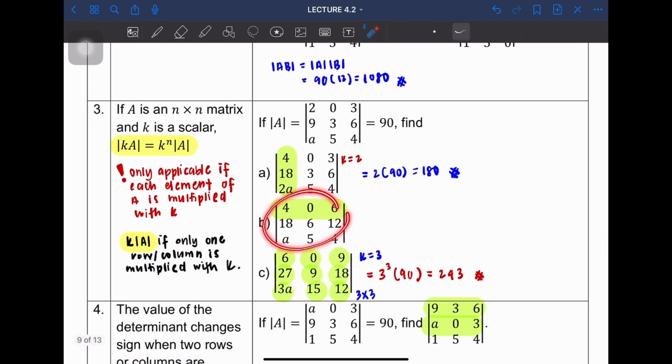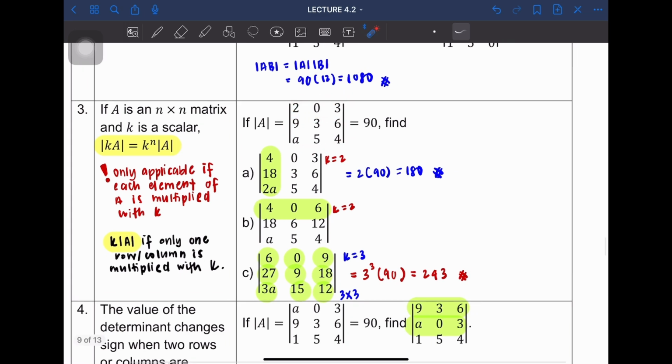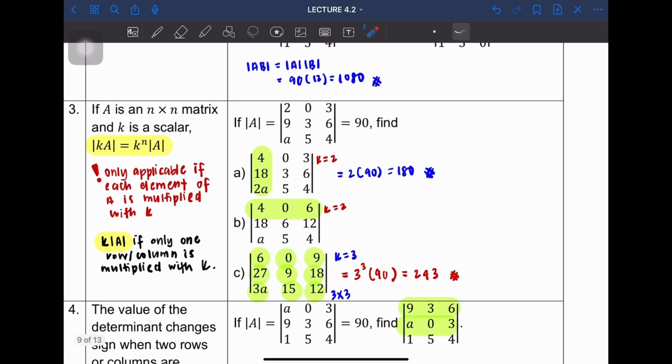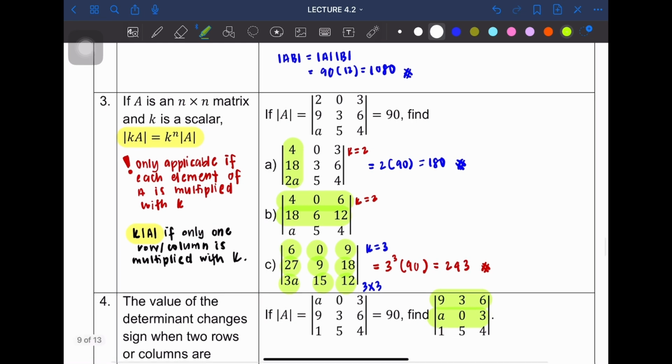Okay, same as this one. For this one, they only multiplied the first row with constant k equal to 2. So 2 times 2 is 4, 0 times 2 is 0, 3 times 2 is 6, and the rest are the same. Oh wait a minute, sorry. They multiplied the first row with 2 and the second row as well, with 2, yes, with 2.